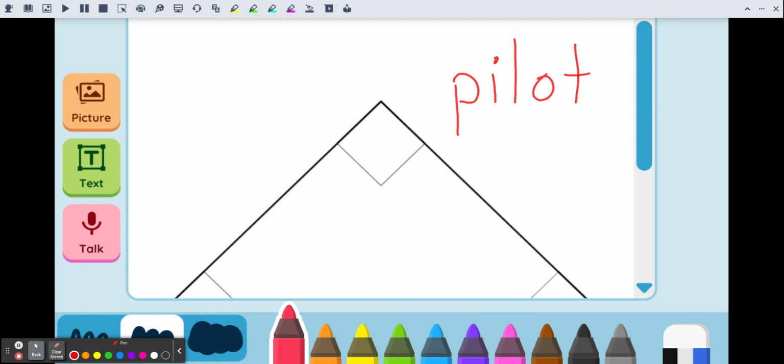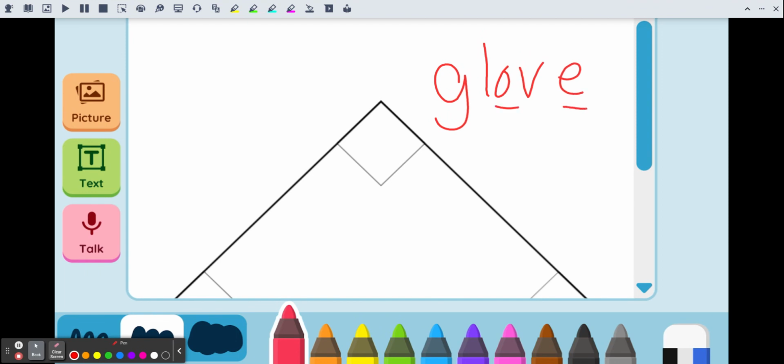And make sure you're trying to sound out. Pilot. And we learned in the previous lesson that the O says eh, but I is our word. I, pilot. Glove.